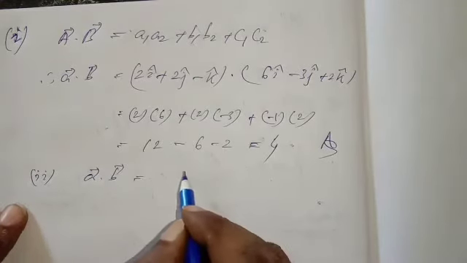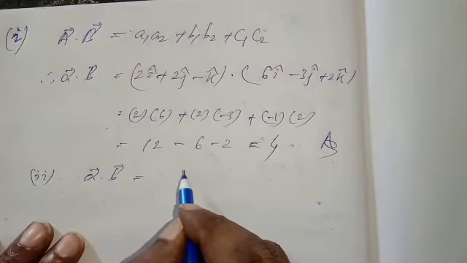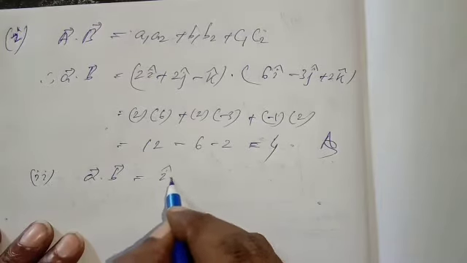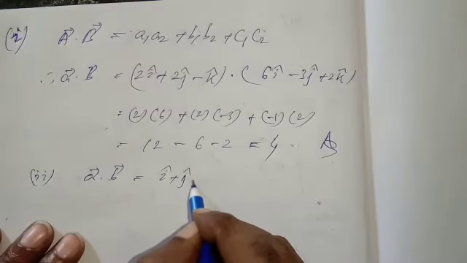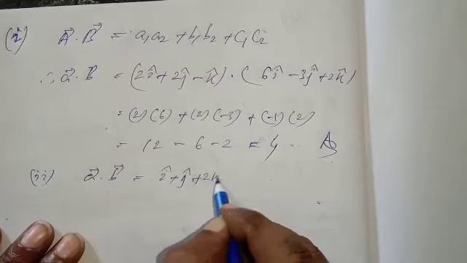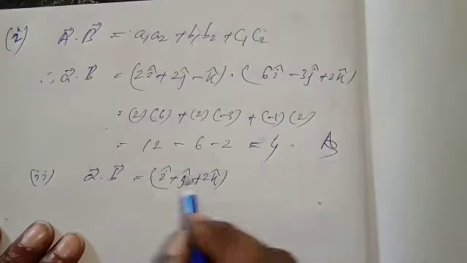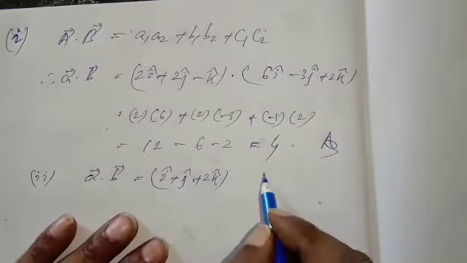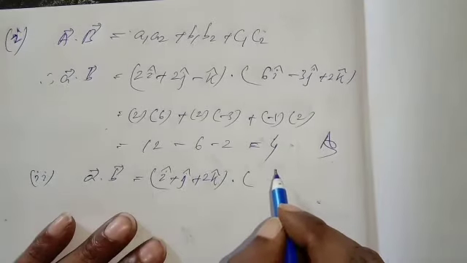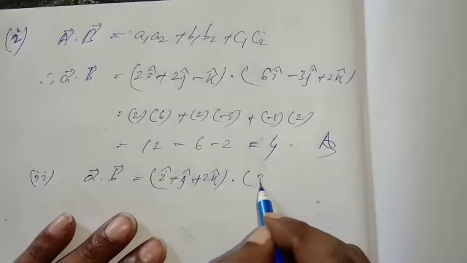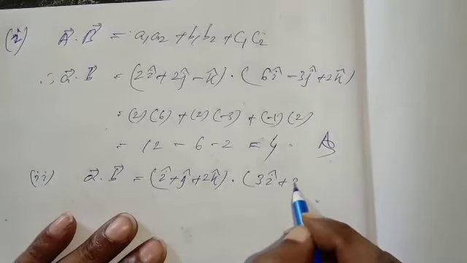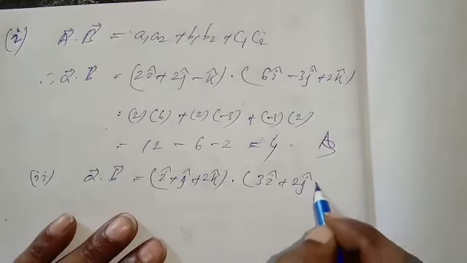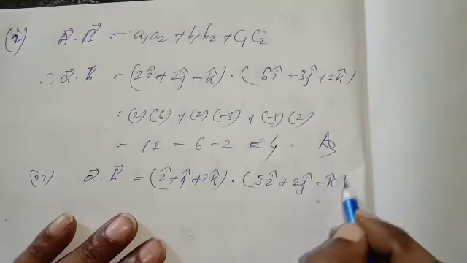The A vector is given here in coordinate form (1, 1, 2), which means I have to write i plus j plus 2k in ijk form. Again dot B vector. The B vector is given in coordinate form (3, 2, -1), that is 3i plus 2j minus k.